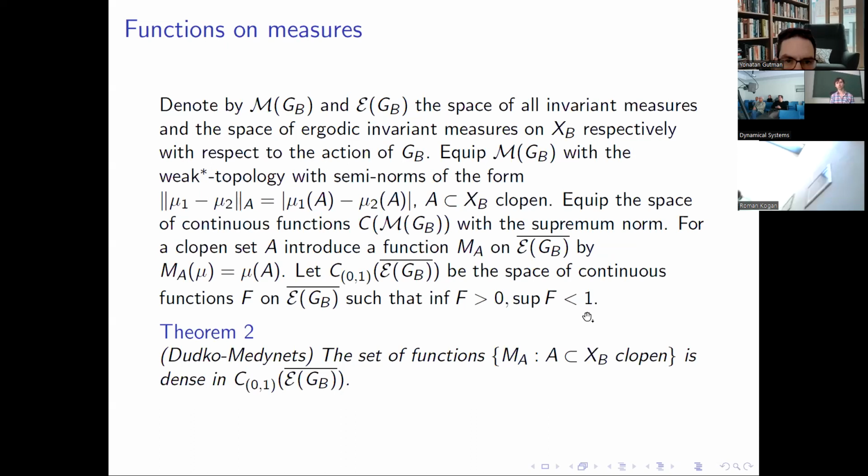One of the key results concerning them is that this set of functions is dense in the space of continuous functions on ergodic measures. I don't know if this is a typical property for functions on ergodic measures, but we need to work to prove it for our case.